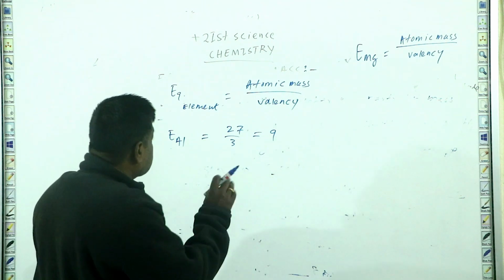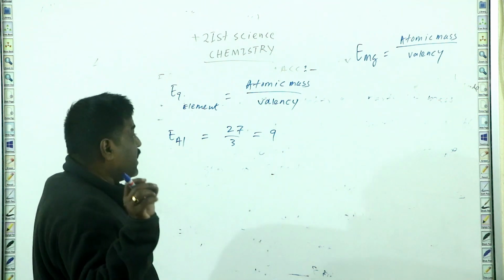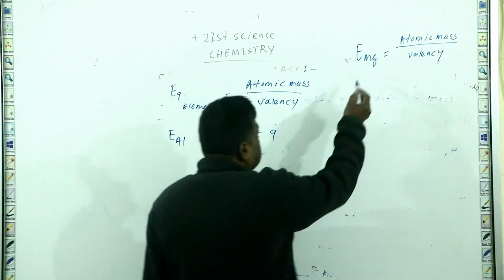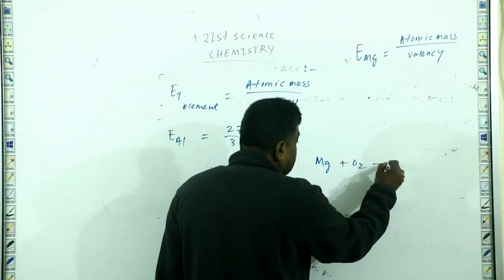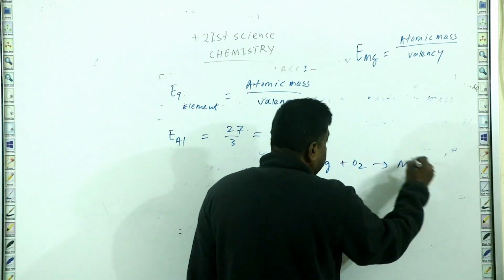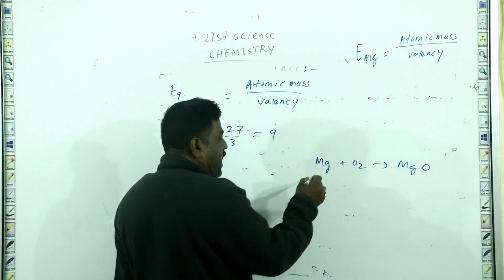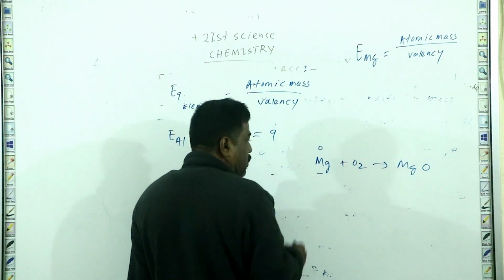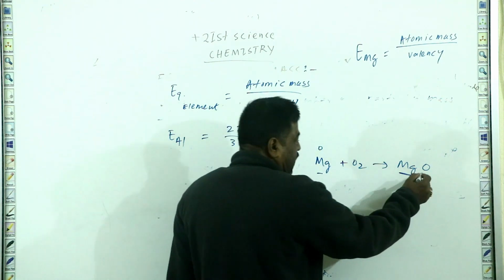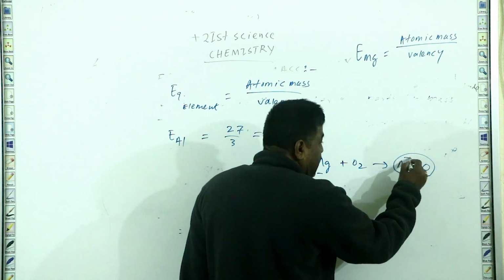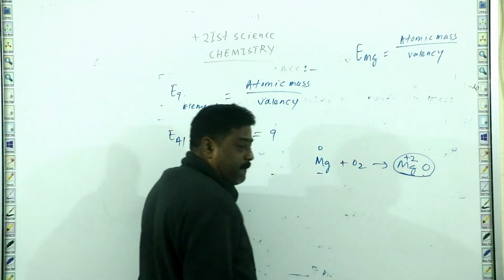Now in this case I can give you another example: when magnesium combines with oxygen, that is magnesium oxide. You know magnesium is an element having charge 0, but here magnesium is a cation and this is an anion because this is a compound. Magnesium has cationic charge +2.